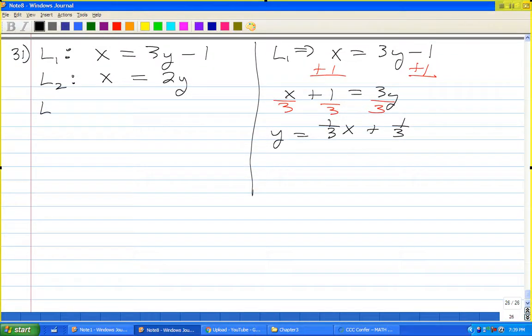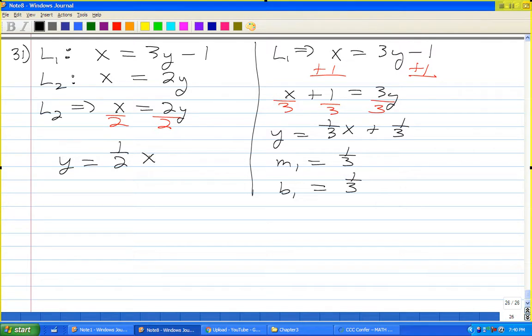And so the slope is 1/3 and the y-intercept is 1/3. Look at L2. Divide by 2. So I have that y equals 1/2 x. And so the slope is 1/2 and the y-intercept is 0.